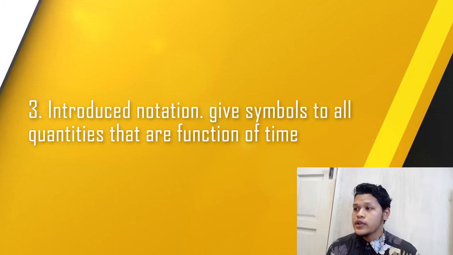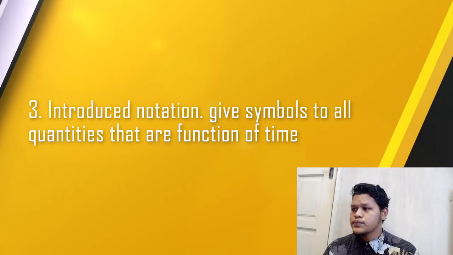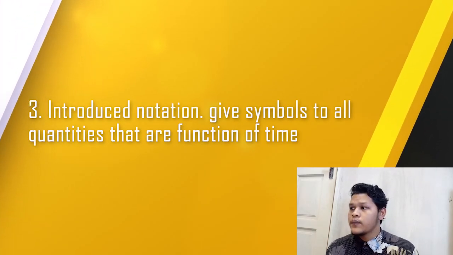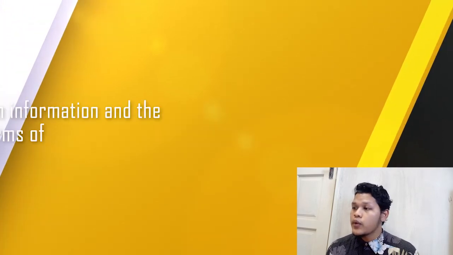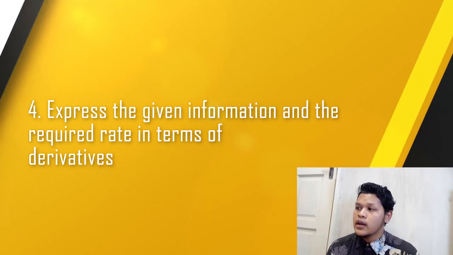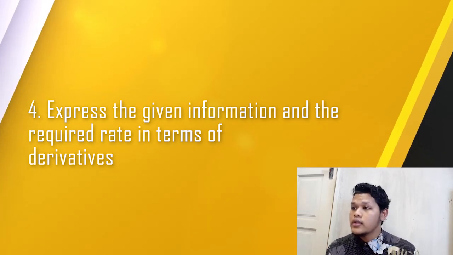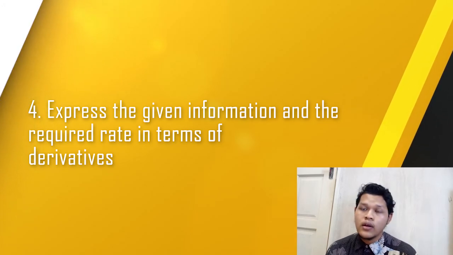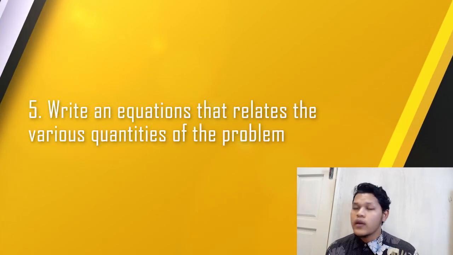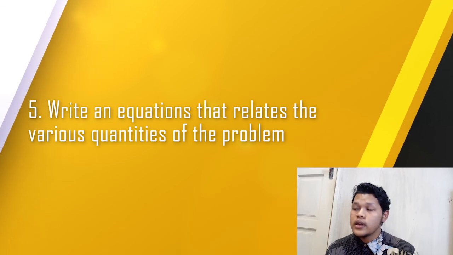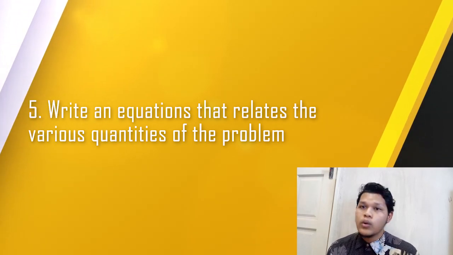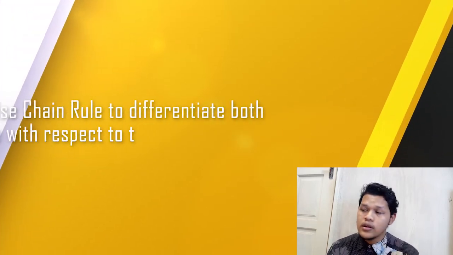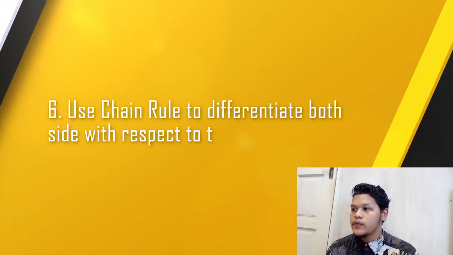Third, introduce notations: give symbols to all the quantities that are functions of time, or maybe constants. Fourth, express the given information and the required rate in terms of derivatives. Fifth, write an equation that relates the various quantities of the problem. If necessary, use the geometry of the situation to eliminate all but one of the variables. And last but not least, use the chain rule to differentiate both sides with respect to t.